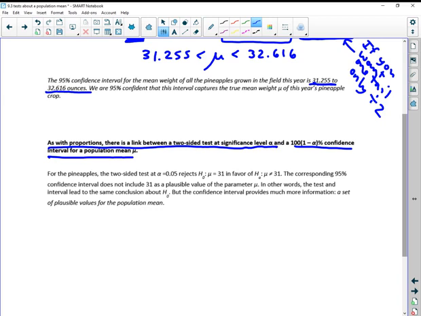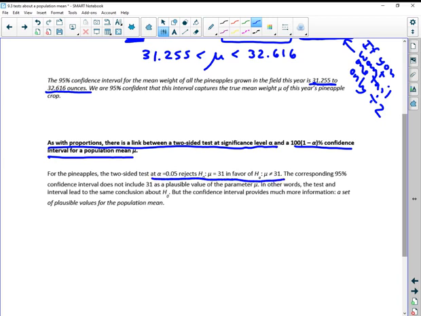And this link is even closer when we are using t's because of the conservativeness of it. So for our pineapples, we had a two-sided test at the 0.05 level. Remember, we rejected the null in favor of the alternative hypothesis.